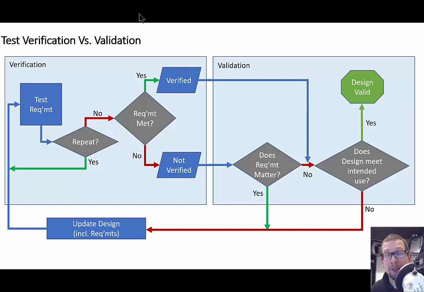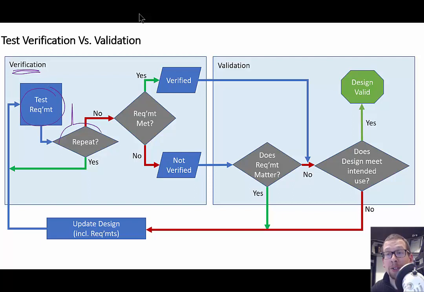When you're doing your testing, you need to consider the testing in terms of two different types of analyses. The first one is verification, the second one is validation. When we're talking about verification, we're talking about an examination of the requirements for your project and the tests that go along with them.